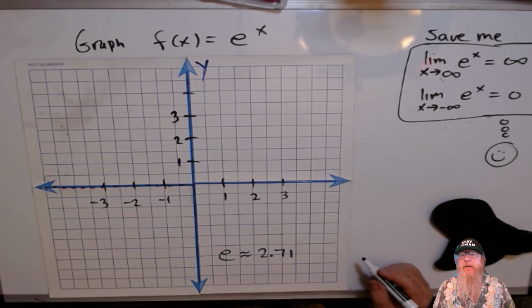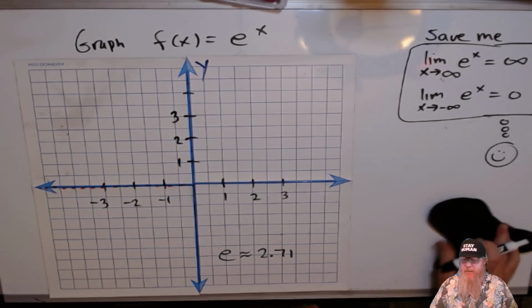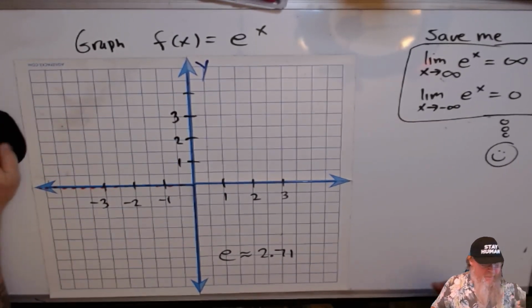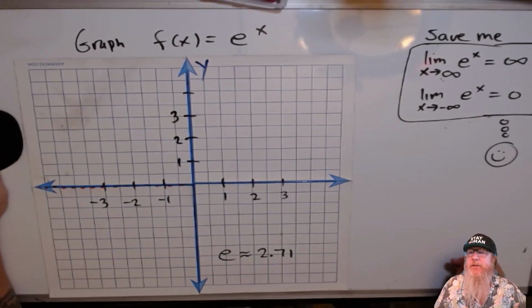All right. So in order to get a graph, first you're going to need the asymptote.